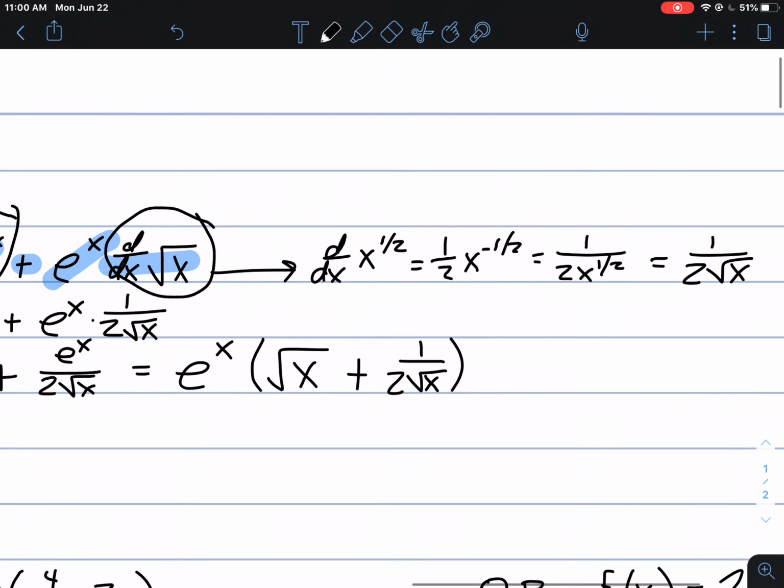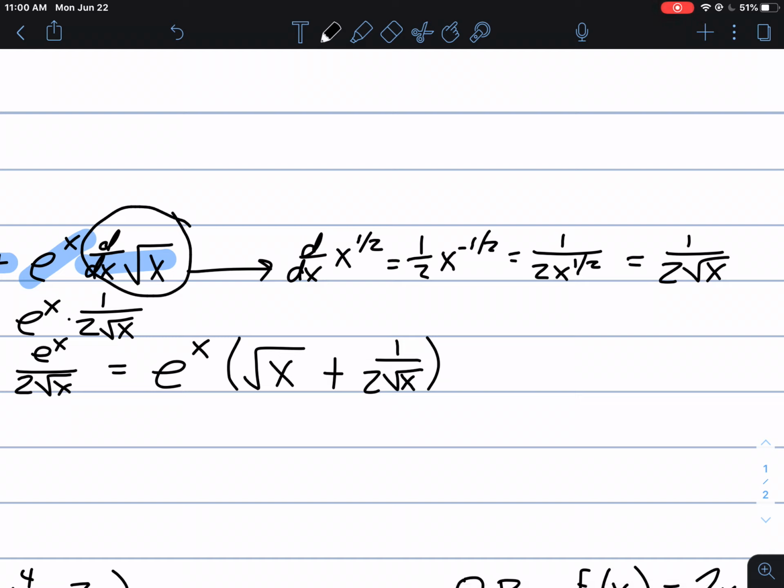Now, next step, I went ahead and wrote that square root using exponential form. We did that back in the previous section so that we could use our power rule. So what I did for the derivative of the square root of x, I went ahead and wrote that as x to the 1/2, so I could differentiate using our power rule, which would be 1/2 times x to the negative 1/2.